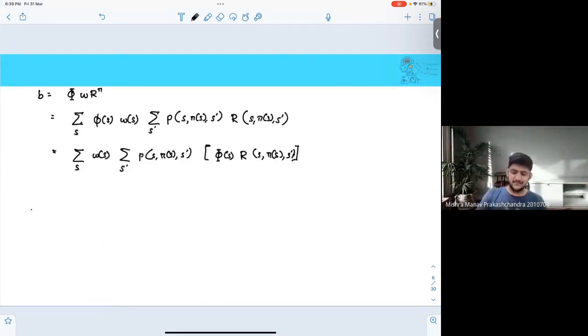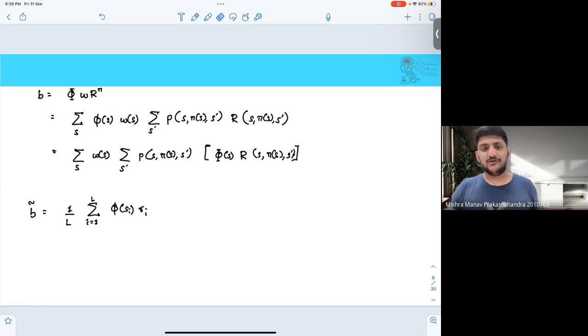So I can define my b tilde as simply 1 by L, sum over i from 1 to L, phi of Si, and Ri is the sample reward that I get on picking from that distribution. Okay, so this is my B tilde representation. I'll call it equation 3. I'll highlight this.